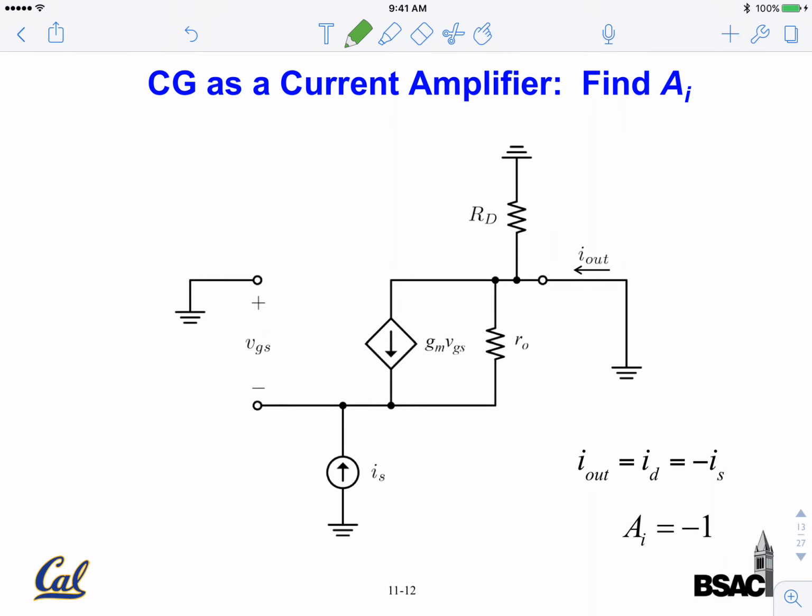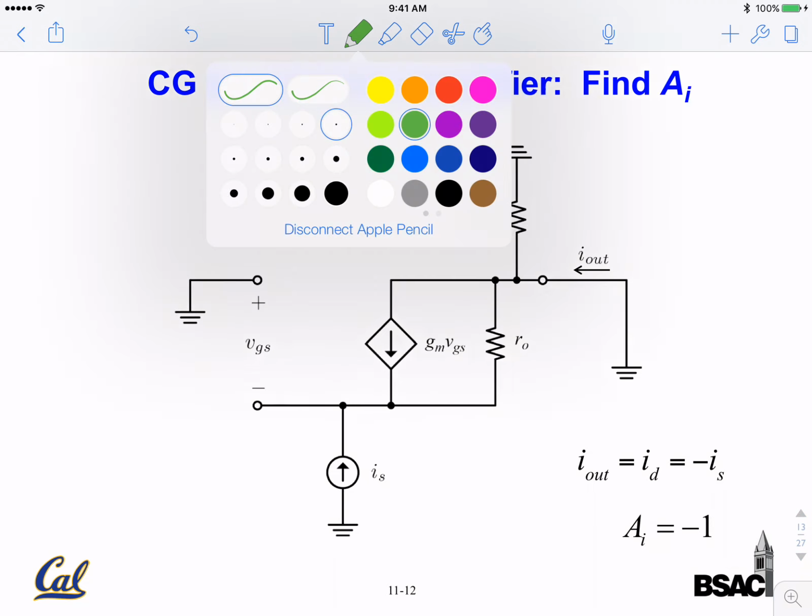Okay. So here we can do a few simplifications to find the current gain. So how do we find current gain? Finding current gain is kind of like a Norton equivalent circuit process.